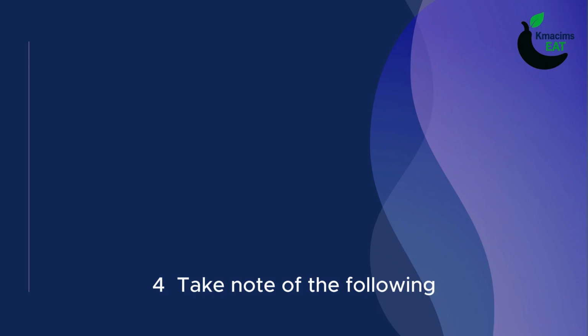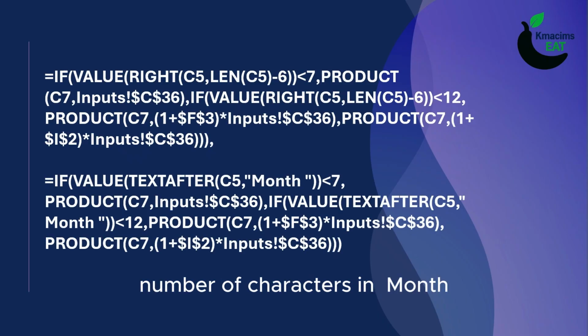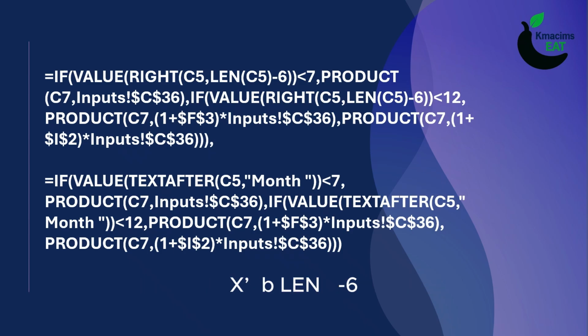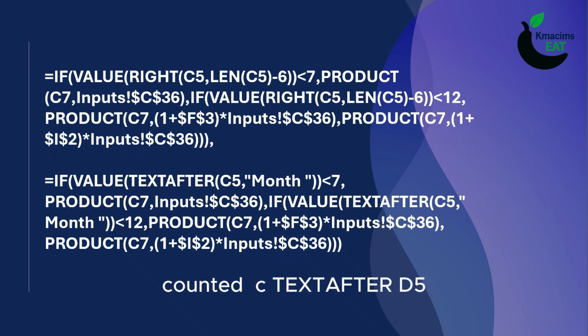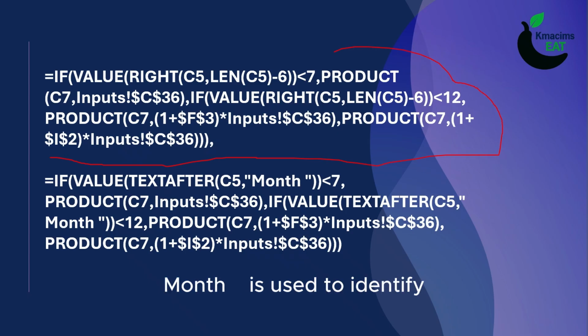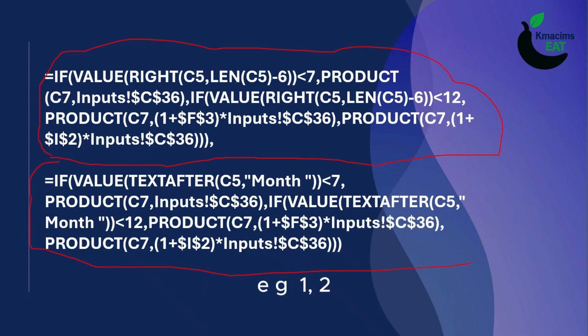4. Take note of the following in the above formulas. A. LEN is used to count the number of characters in Month X. B. LEN minus 6 is used to subtract Month from the number of characters. Note that the space is counted. C. TEXTAFTER D5, Month is used to identify Month X and subtract Month from it, leaving only the number, e.g. 1, 2, 12.